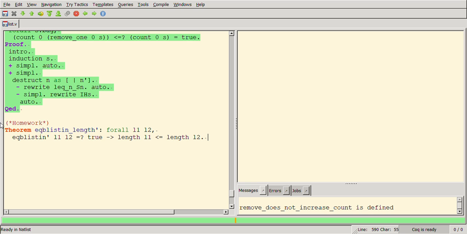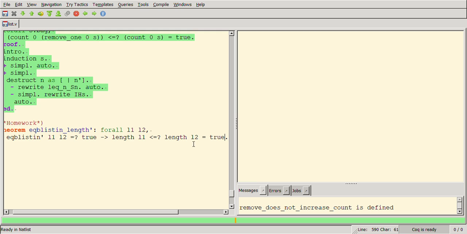So what I'm saying is that if L1 is a sublist of L2 using this relation, then length of L2 is greater than or equal to length of L1.